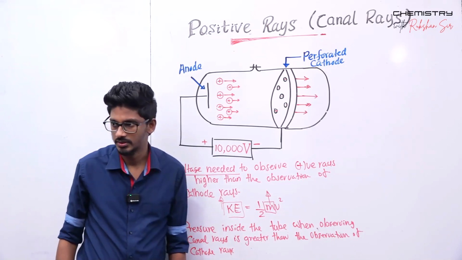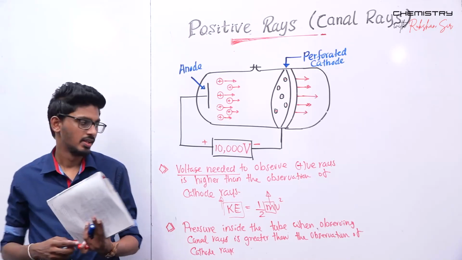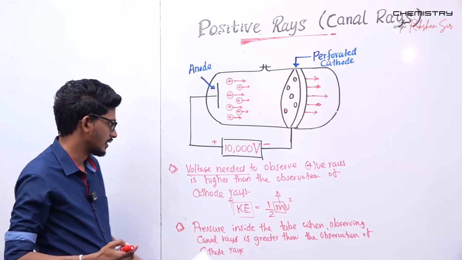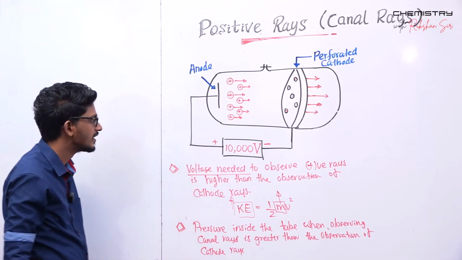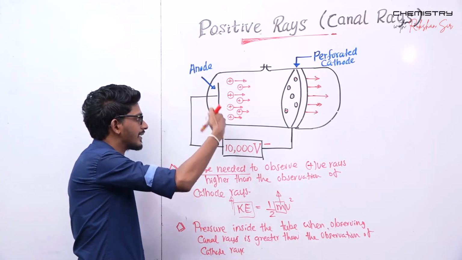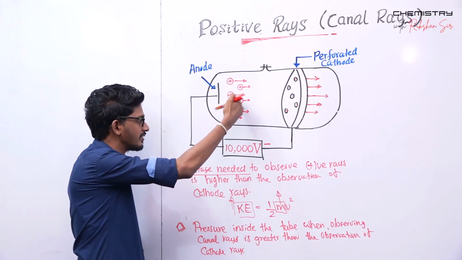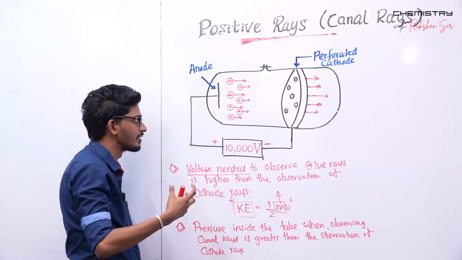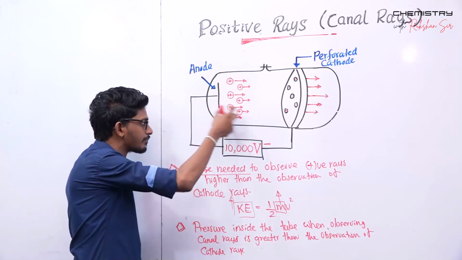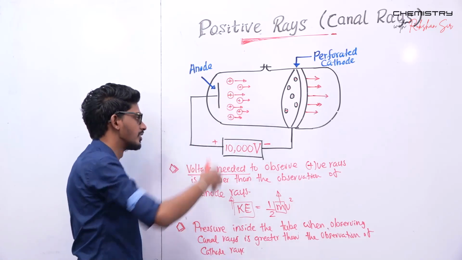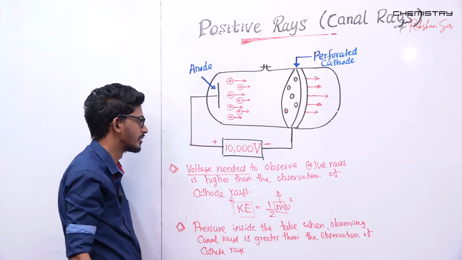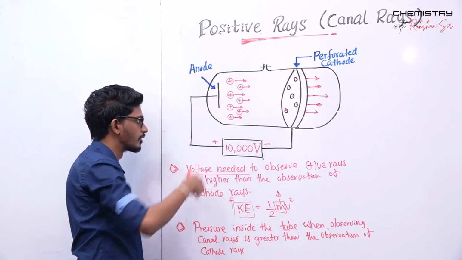Let's discuss that. The idea is this. To observe positive rays, we need some gas particles inside the tube. The canal rays originate from the gas molecules inside the tube, not from the electrons or anything.